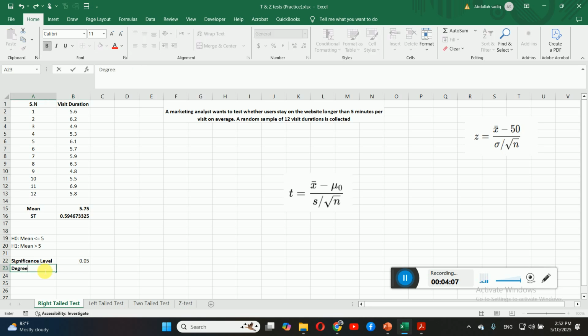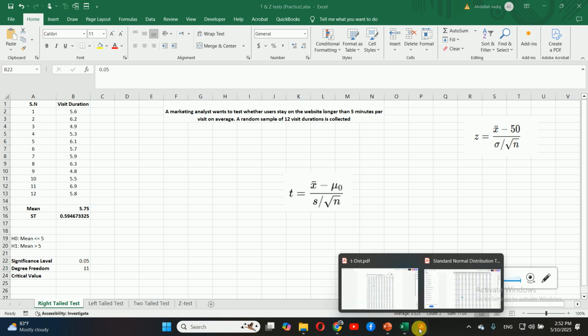The next point is the degree of freedom, which I have already explained. The degree of freedom is simply the sample size minus 1. So the sample size is 12, minus 1, that is 11. The next information is the critical value. Dear students, what is the critical value? If you have the significance level and the degree of freedom, go into the T distribution table and check the intersection value of 0.05 and 11.